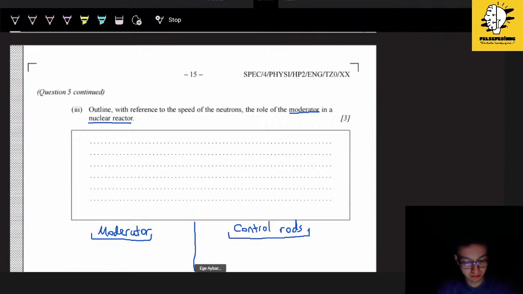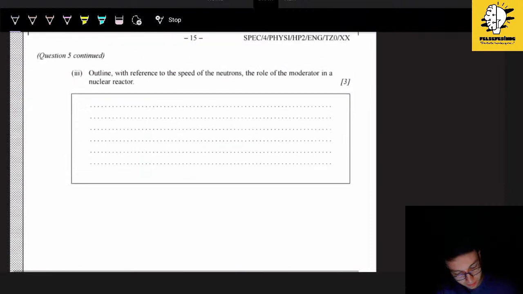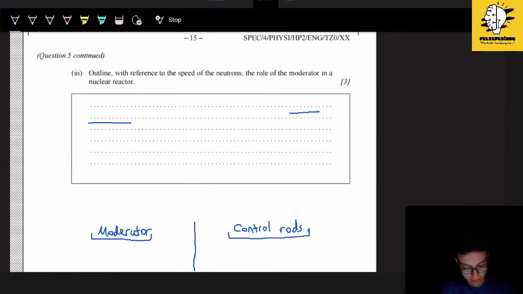Could you move down a little bit? Yes. Okay, so I can write here. For the moderator, we know that it slows down neutrons.